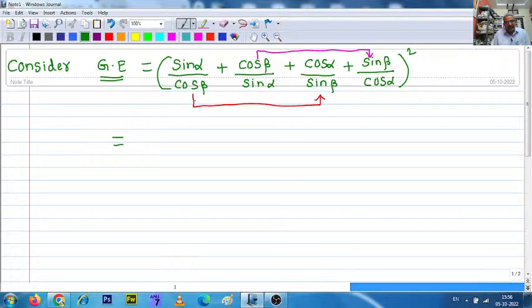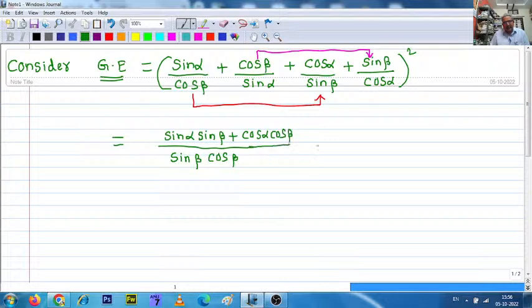Sin alpha by cos beta plus cos alpha by sin beta: here the LCM is sin beta cos beta. Next, sin alpha into sin beta you will get, I hope it's clear to you, plus in a similar manner cos alpha cos beta. And we need to simplify the other two.